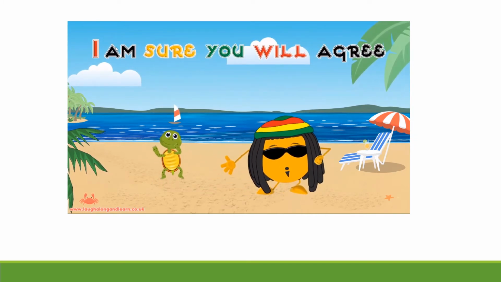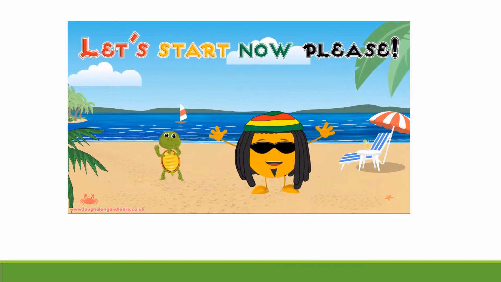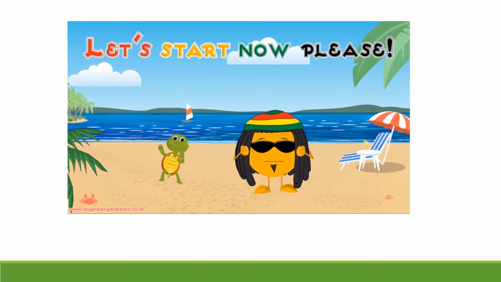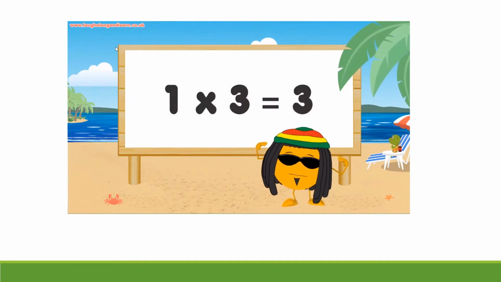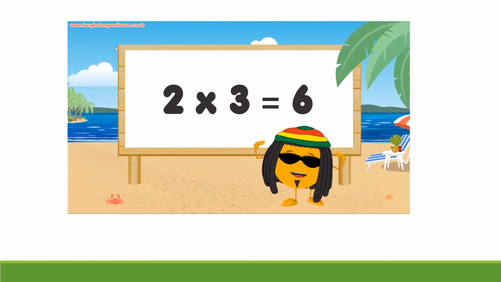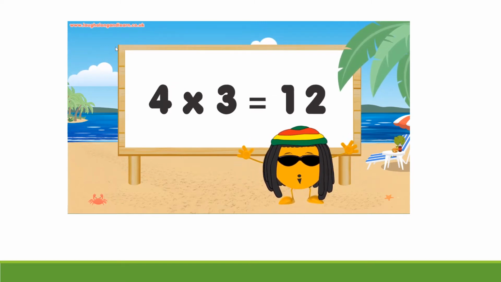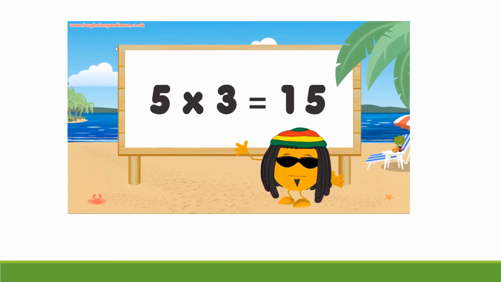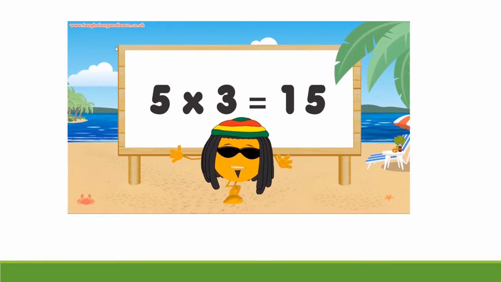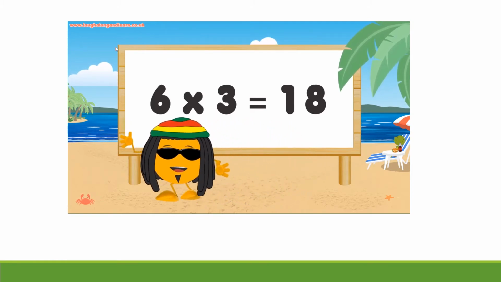I am sure you will agree. Let's start now, please. 1 3 is 3, and 2 3s are 6. 3 3s are 9. 4 3s are 12. 5 3s are 15, and 6 3s are 18.